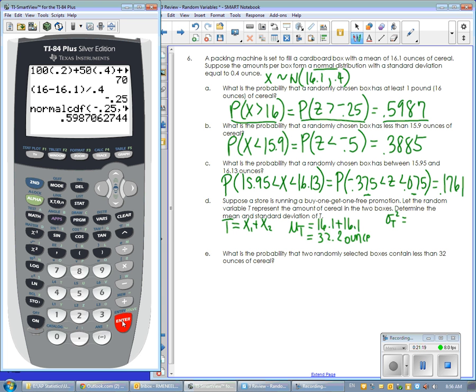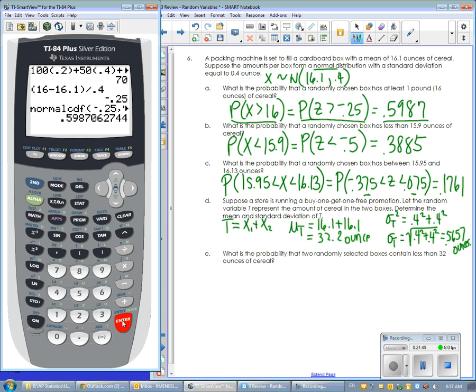Well, the variance for one box is 0.4 squared. And to be honest, I didn't even find the sum. I just went ahead and said that the standard deviation is going to be the square root of that. And ultimately, the standard deviation becomes 0.5657. And again, that's in ounces. You always want to make sure you use units for mean and standard deviation. The variance does not have a unit.